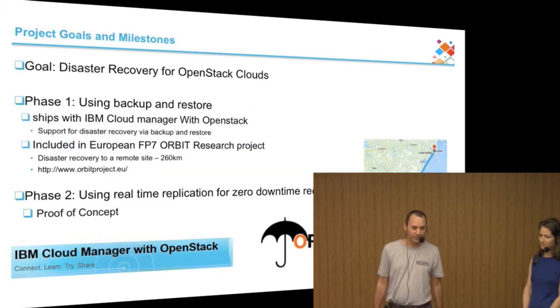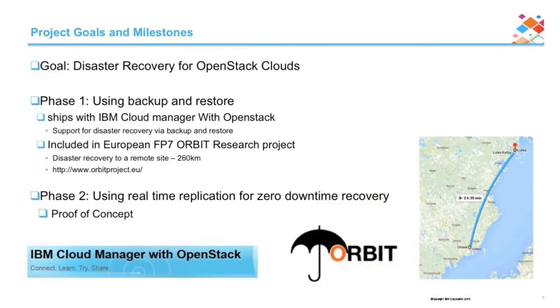So basically, what are our project goals and milestones? What we did is basically a project that handles disaster recovery between OpenStack clouds. We had here two phases. The first one using backup and restore. That's the more basic option, and this is working today, and actually it is shipping today with IBM Cloud Manager, and it's included in the European FP7 Orbit research project.